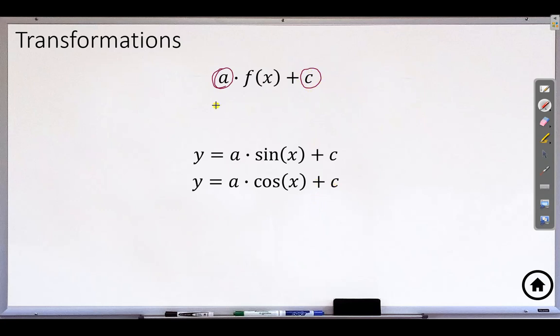So if you remember, with any function, the a value is a vertical stretch or a shrink. Now, it could also reflect. Remember, it can reflect over the x-axis as well if that value is negative.